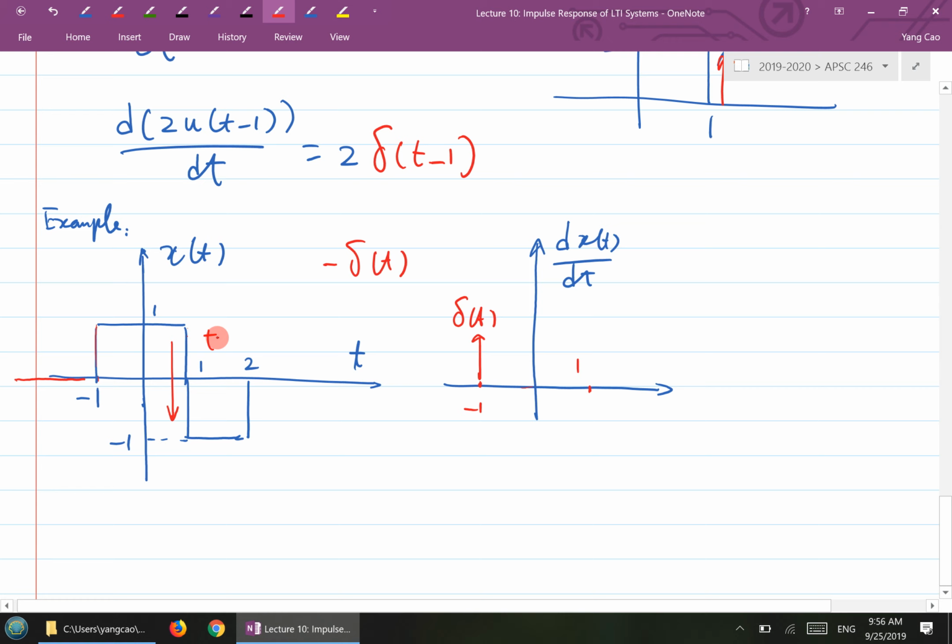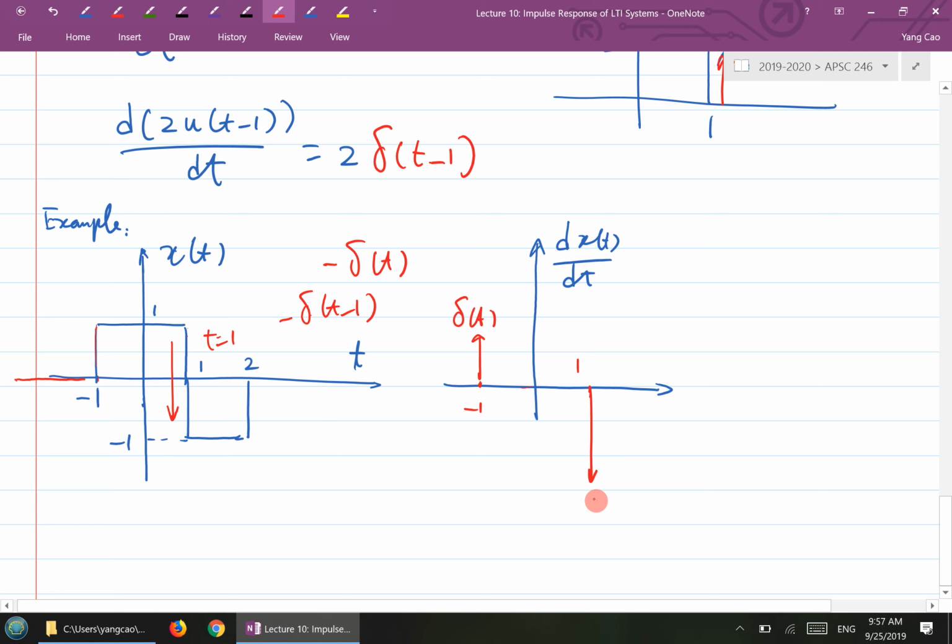At t equal to 1 location, you have an impulse delta t minus 1. And it's negative. However, if you look at the amount of jump, it is from where to where? From 1 to -1. So the magnitude of the jump is -2.